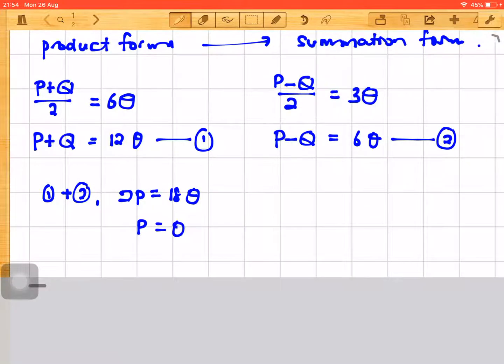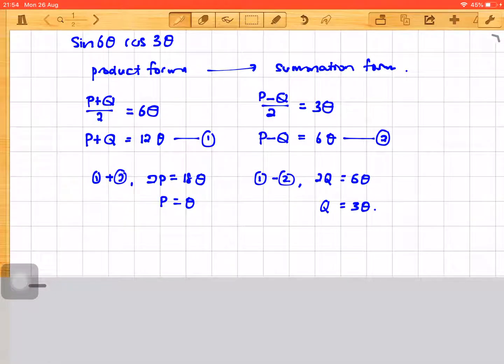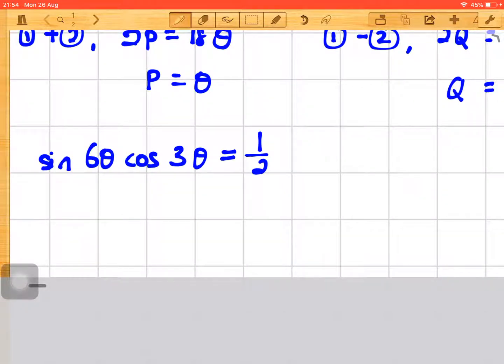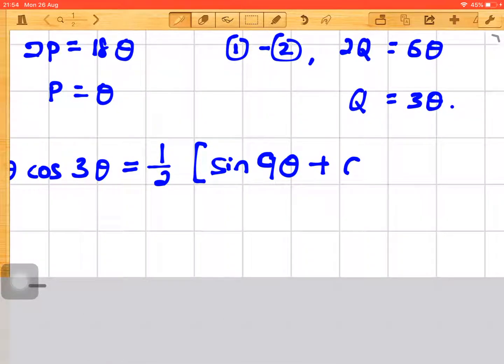P is 9 theta. If equation 1 minus equation 2, you'll get 2Q equals 6 theta, and Q is 3 theta. So put this in, you will get sine 6 theta cos 3 theta equals 1 over 2, sine 9 theta plus sine 3 theta.